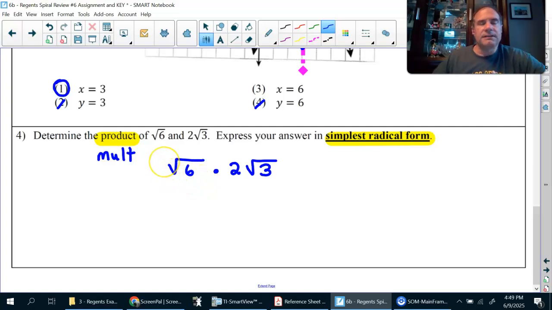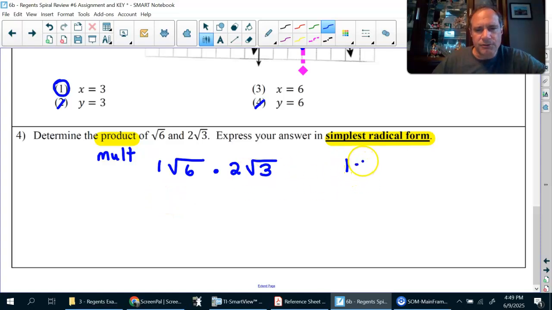Now, it's not like addition and subtraction where the number underneath the radical has to be the same. You are multiplying the outside number by the outside number, and the inside number by the inside number. So it's 1 times 2, that's first off.